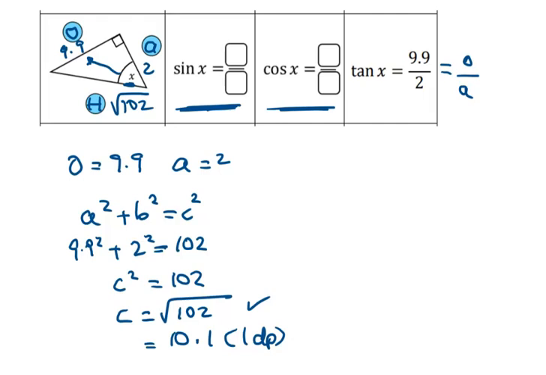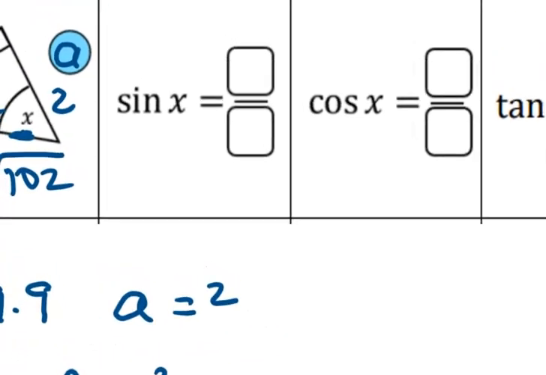So here, sine of x, we have opposite over hypotenuse, and then for cos of x, we have adjacent over hypotenuse. So this one will be 9.9 over the square root of 102, and cos of x will be 2 over the square root of 102. I really don't like how messy those two are, so I'm just going to write those out underneath, and I'll give myself a bit more room.